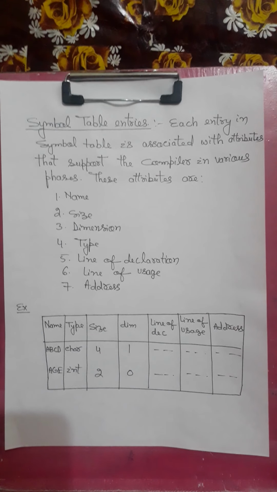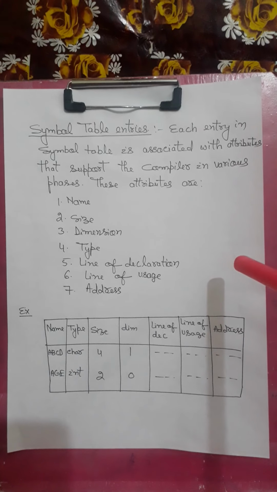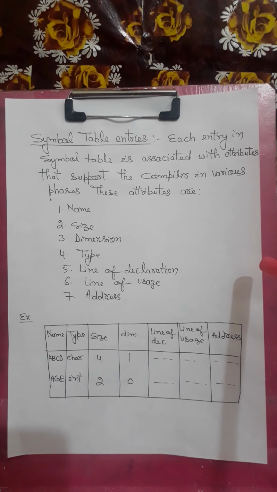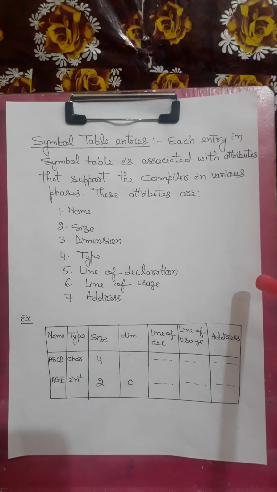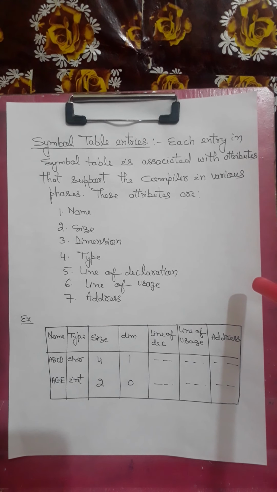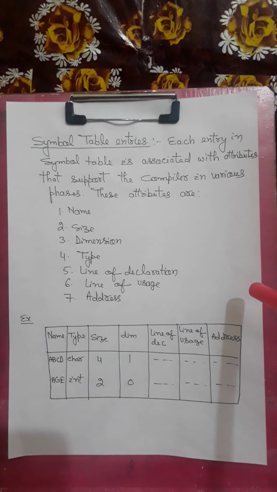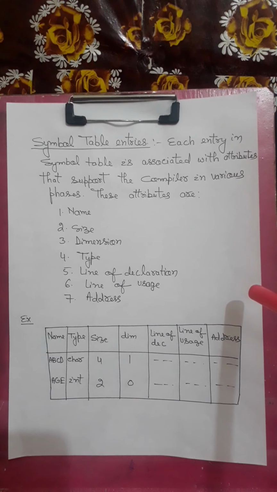In this way, in this lecture we have discussed the symbol table, how it is created, how the information is used in various phases of the compiler, and the data structures which are used to generate the symbol table. Basically, a linear list like an array, and non-linear data structures such as search trees like the binary search tree, and hash tables.